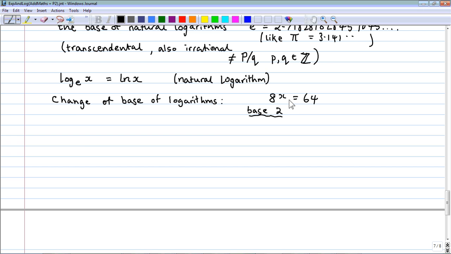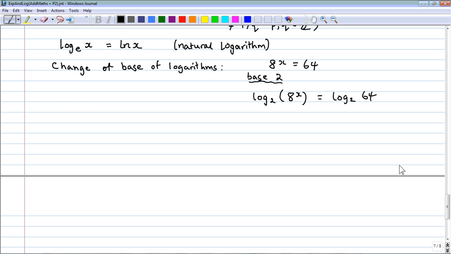So to solve this equation, I'm going to write log base 2 of the left hand side equals log base 2 of the right hand side. As we already discussed, we can always do this because the function is one-to-one. That's a critical point. So we can take the left hand side and the right hand side and take the logarithm of any base and apply it to both.